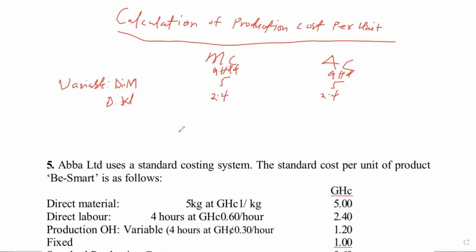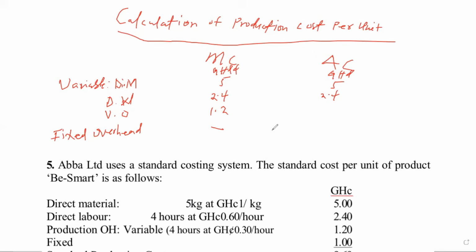Then we have our variable overhead, which is also 1.2. So now let's come to our fixed overhead. I said under the marginal costing, we don't treat fixed overhead, so we put a dash there.